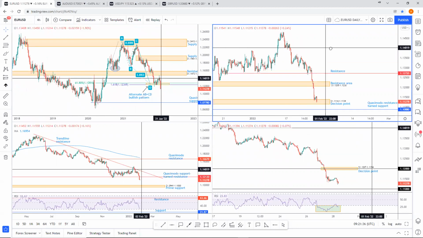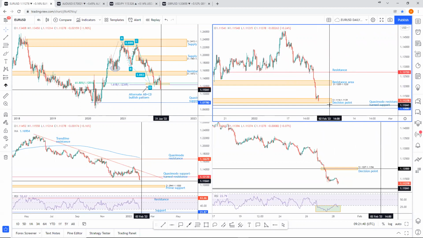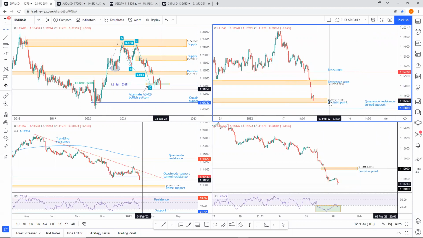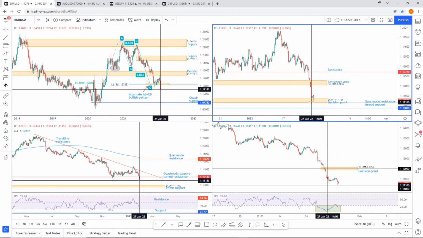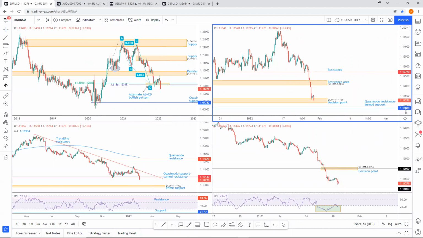So scooting across to the H4 time frame at this point here, we do have euro dollar currently interacting with a decision point at 111.14, 111.39. Now, buyers are appearing dry at this point, which could lead price to a test of Quasimodo resistance turn support at 10.88 going forward.